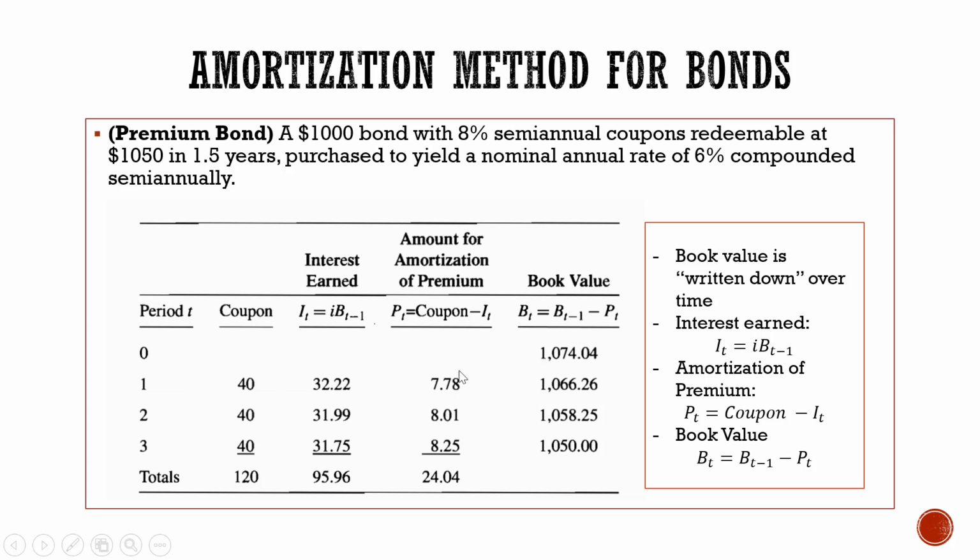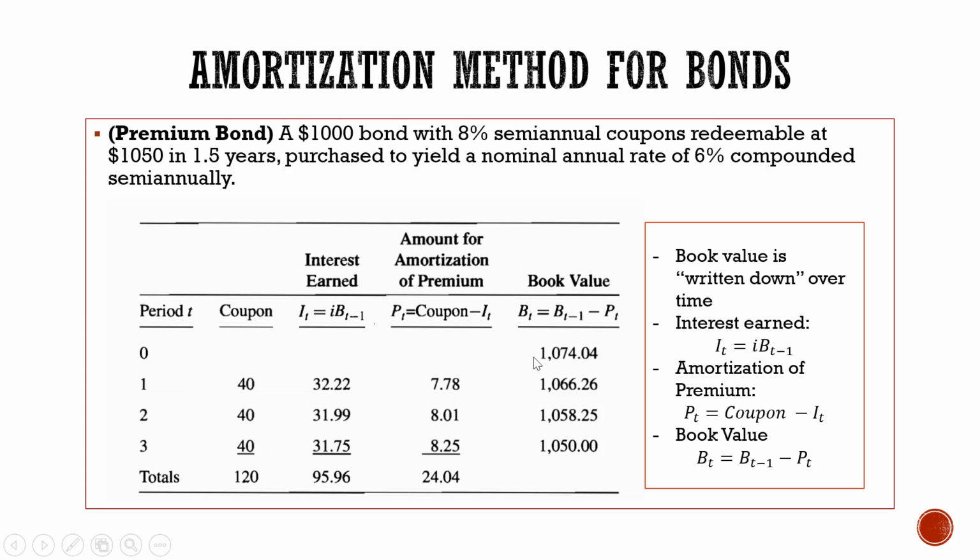So the interest earned here is 0.03 times 1,074.04. It is 0.03, not 0.06, because this is a nominal annual rate of 6% compounded semi-annually. So it's a half year, and you receive 3% interest. The interest earned is 32.22, and you see that the coupon here is greater than 32.22. The amount of amortization of premium is the coupon minus the interest earned, and the book value is the old book value minus the premium amount.